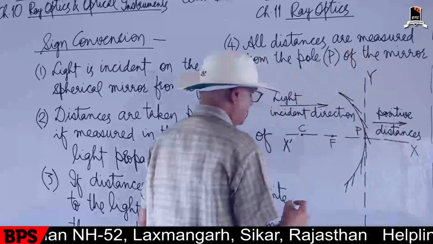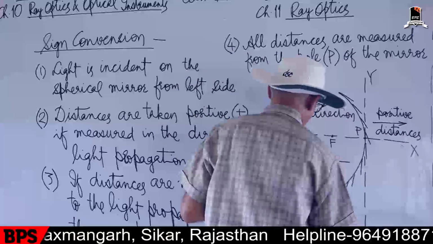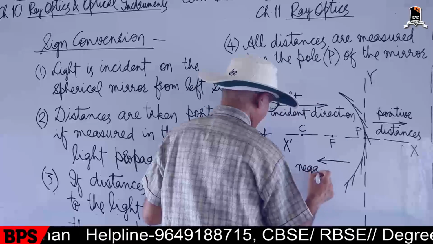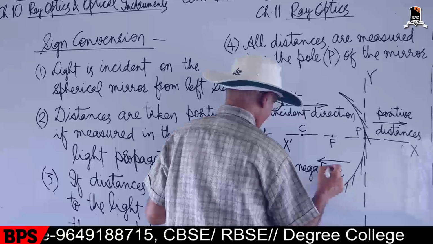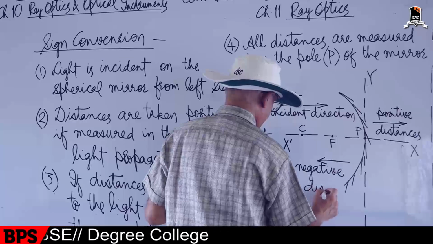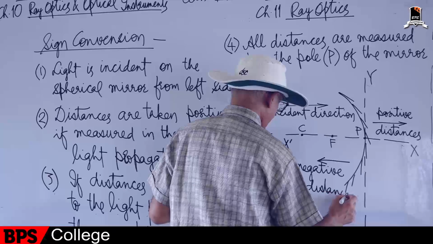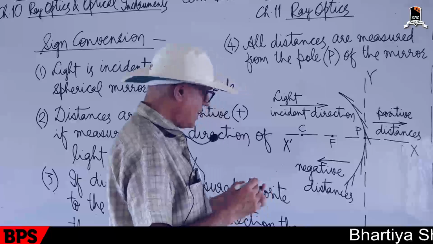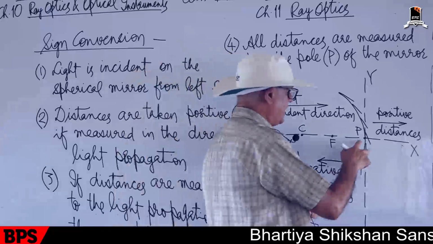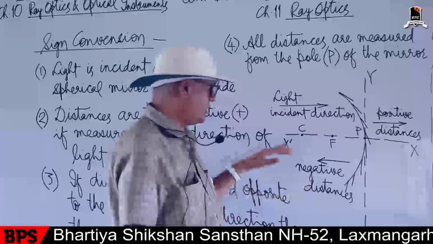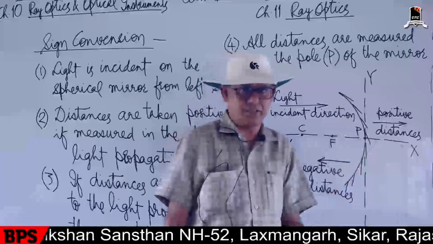Positive distances, and these distances are negative distances. All the distances are measured with reference to this pole. Pole is treated as the origin of this xy coordinate system.